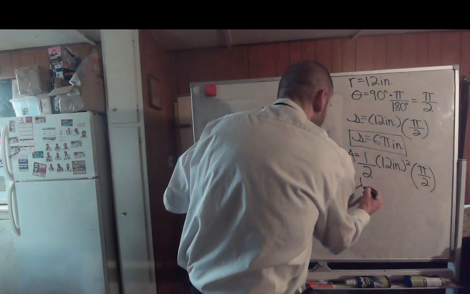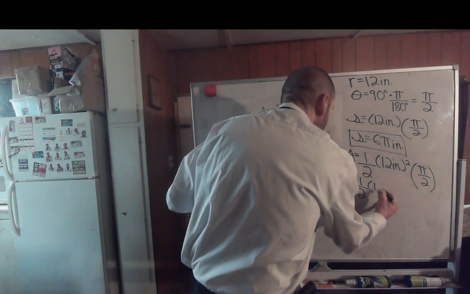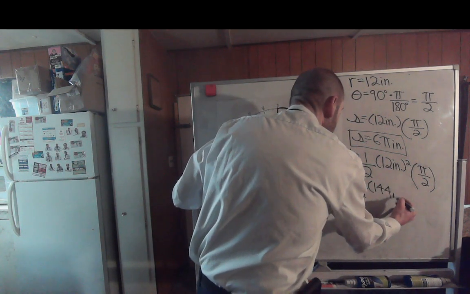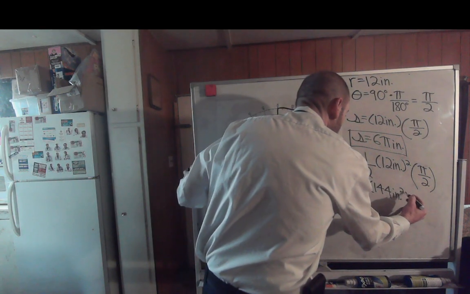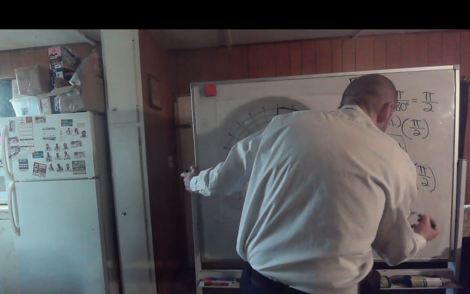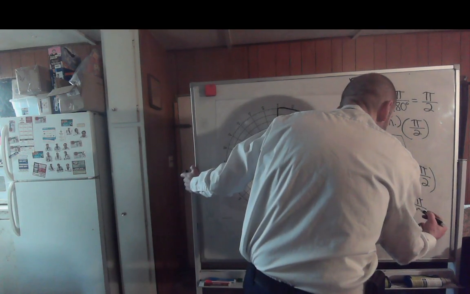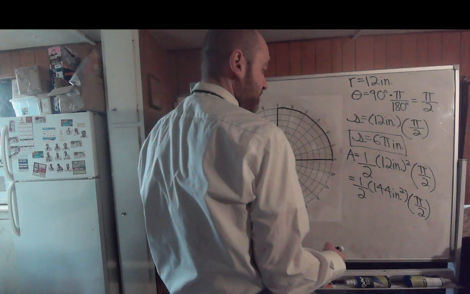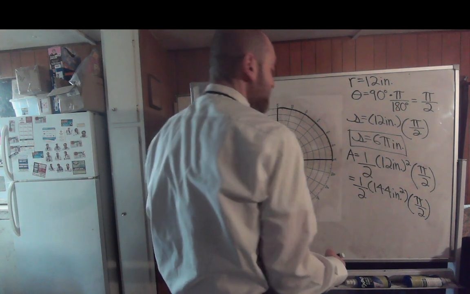So that would equal 1/2 of 144 inches squared times another pi over 2. So 144 divided by 4 is going to be 36.